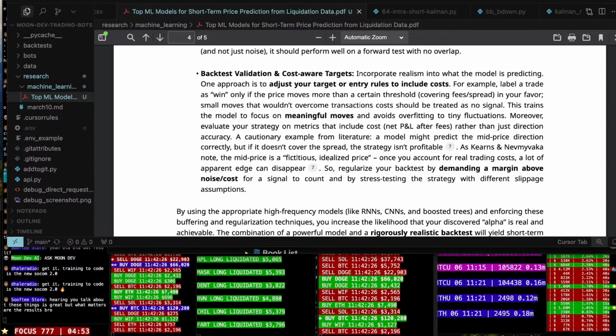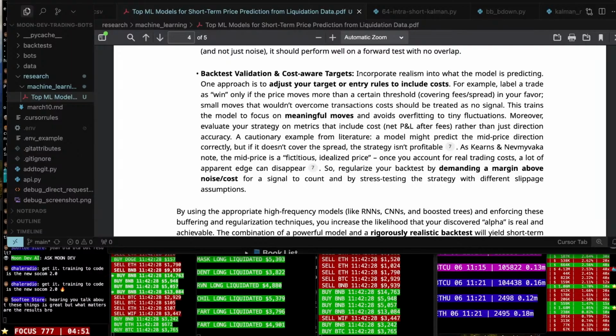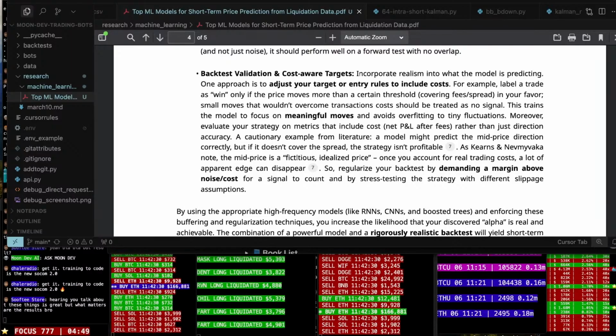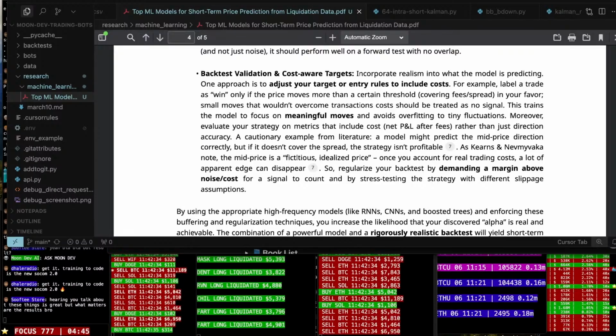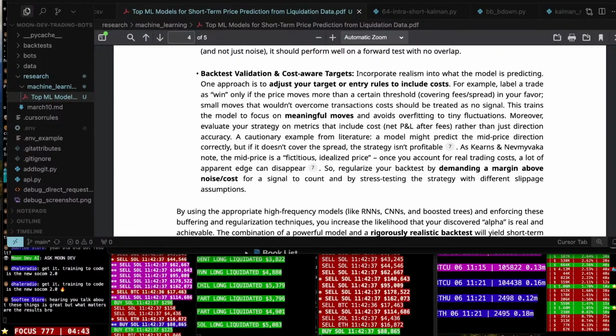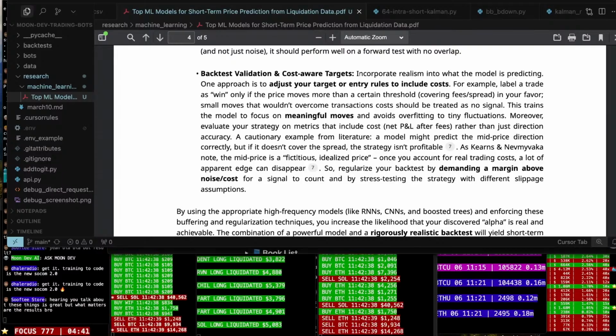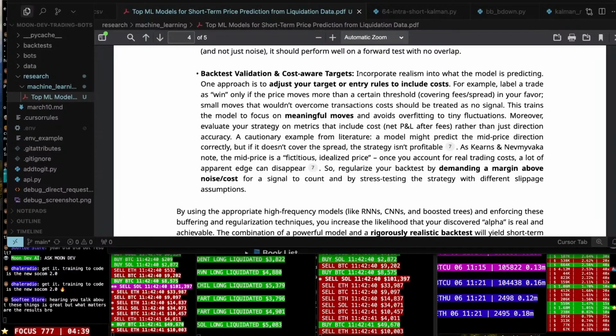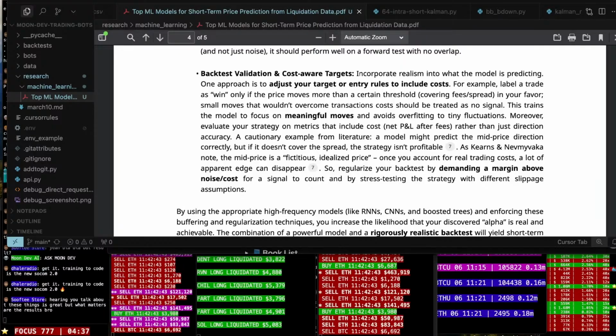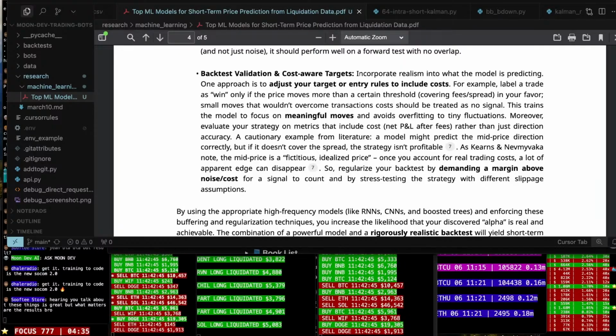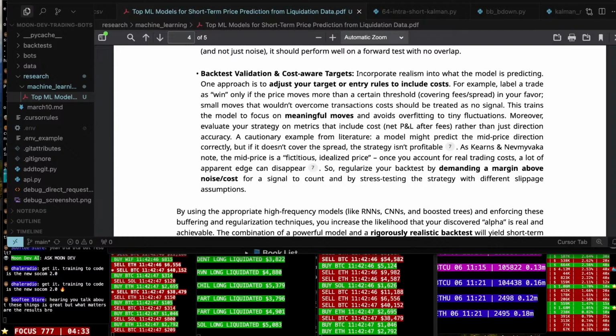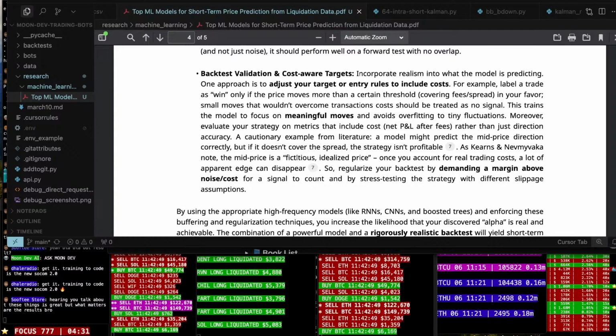The mid-price is a fictitious, idealized price. Once you account for real trading costs, a lot of apparent edge can disappear. So regularize your backtest by demanding a margin above noise and cost for a signal to count, and by stress testing the strategy with different slippage assumptions.